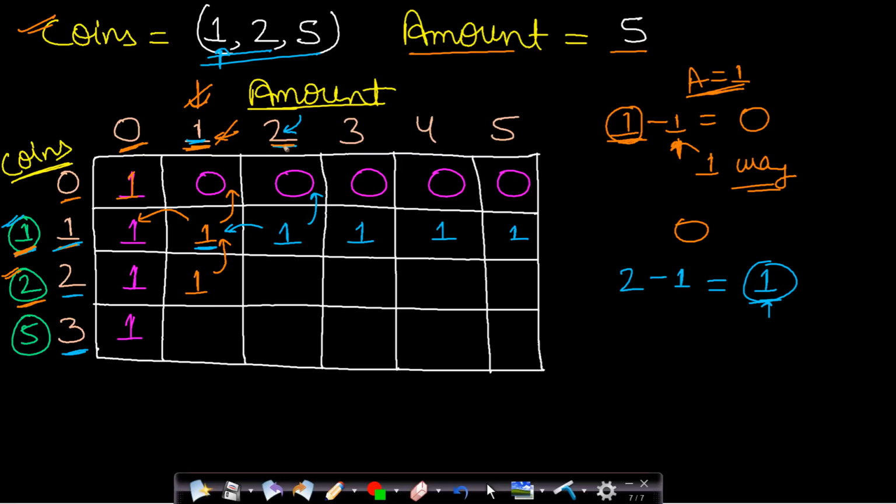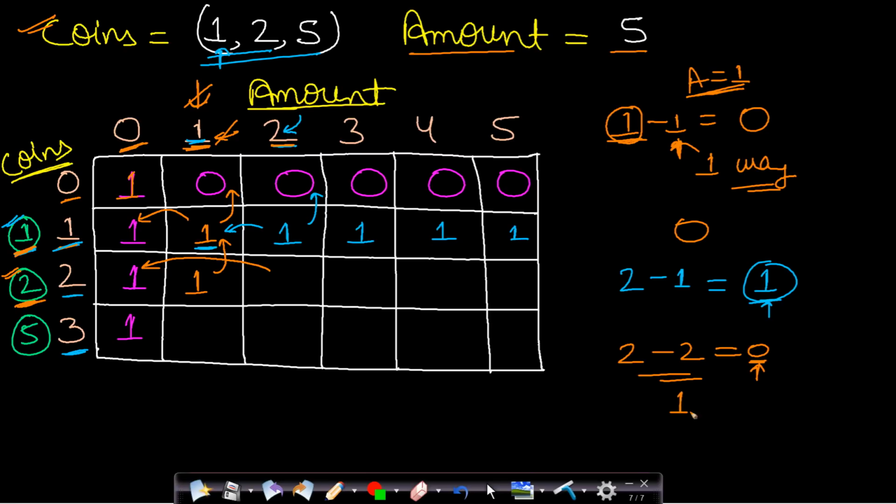Now we will move on to this amount 2. So when the total amount to be found is 2, then your current coin is also 2. So if you include it, then your value will come out to be 0. So you will move to the left-hand side to column 0, because now if you included one instance of 2, then the next amount which is to be found is 0. So if you move to 0, you see that you have one possible way to find amount 0.